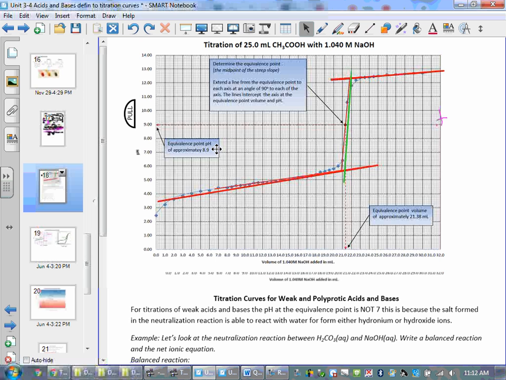So we're at 9. If you do that work with a ruler, you get our equivalence pH, pretty close to 9. Reading our scale, we get a little closer to 8.9. And dropping another vertical line straight down with a ruler gets us our equivalence volume of 21.38 milliliters.